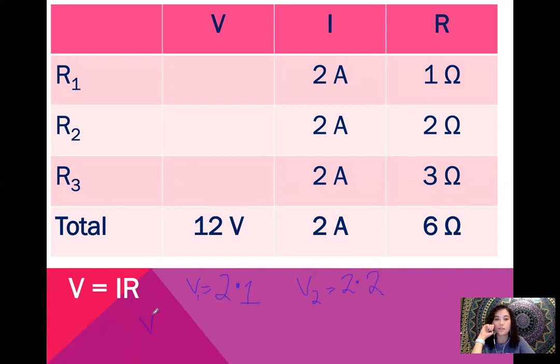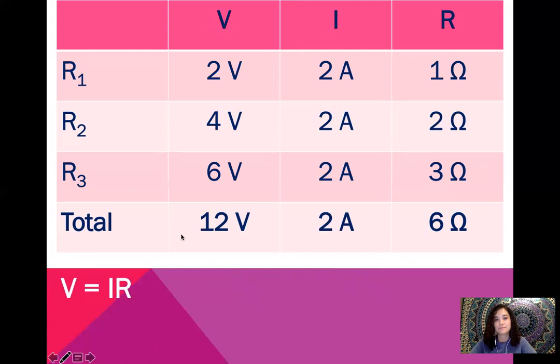And for our third resistor, we've got 2 times 3. Now, I don't know about you guys, hopefully this is math that we can handle. 2 times 1 is 2. 2 times 2 is 4. And 2 times 3 is 6.